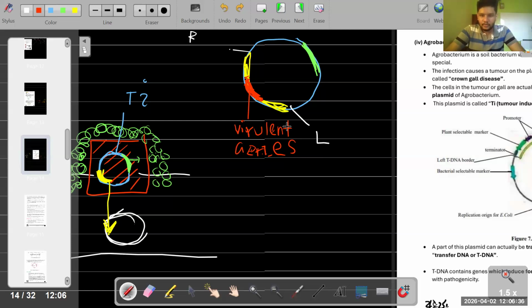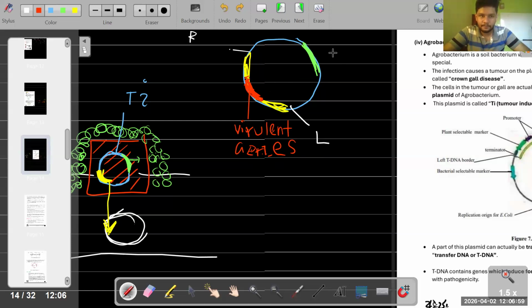So you can say that because the transfer DNA contains virulent genes, transfer DNA induces pathogenicity, which means the virulent genes in the transfer DNA cause pathogenicity.